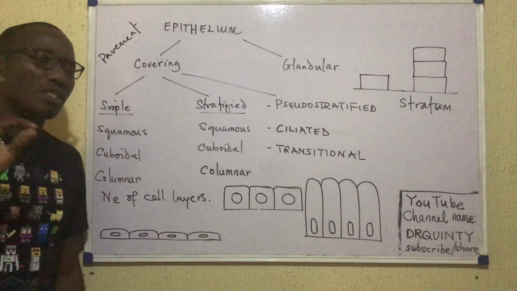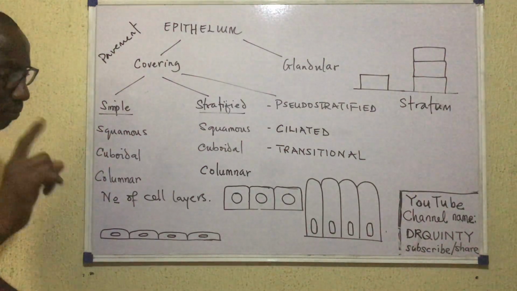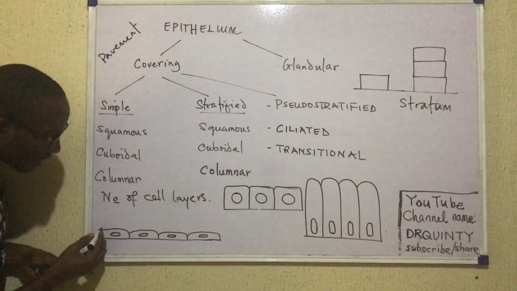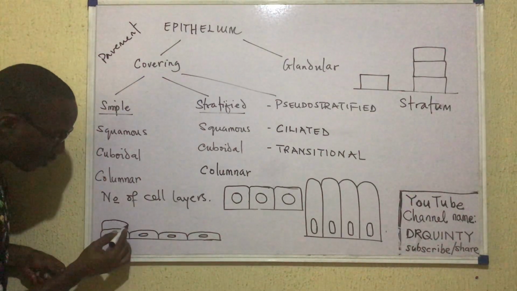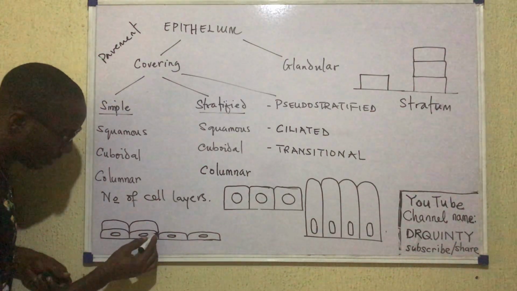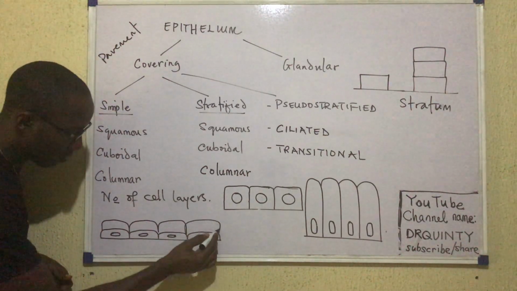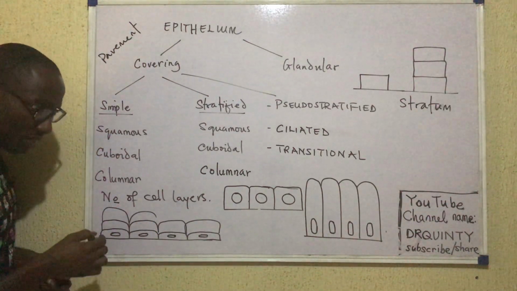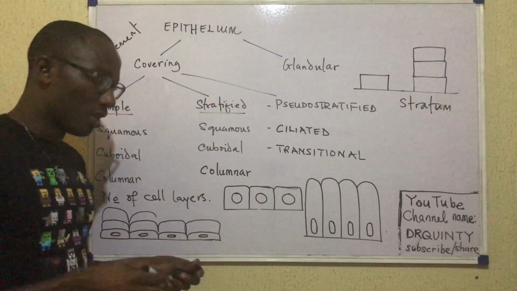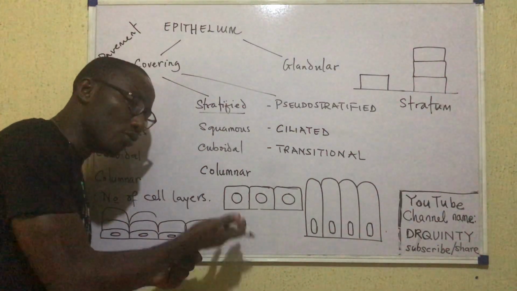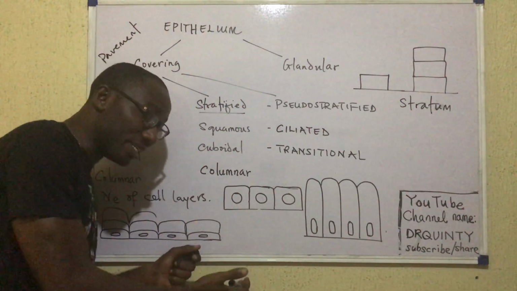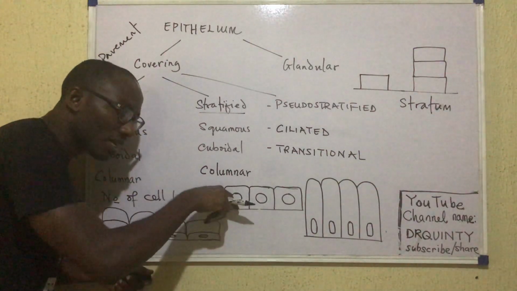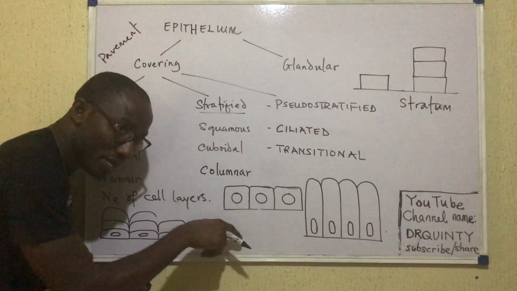And even the stratified squamous we are talking about, please note that it is not necessarily made up of squamous all through like this. Like first layer of squamous, second layer of squamous, third layer of squamous, and so on. No. Instead, what you have is a case where you have columnar or cuboidal making contact with the basement membrane.